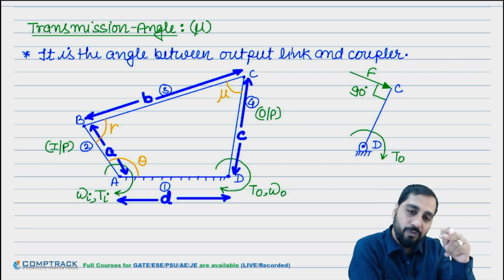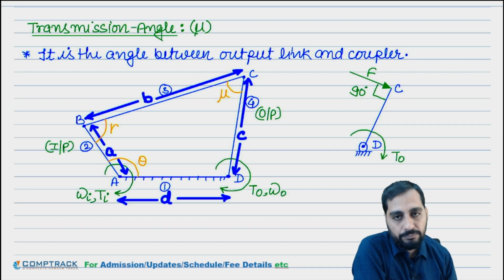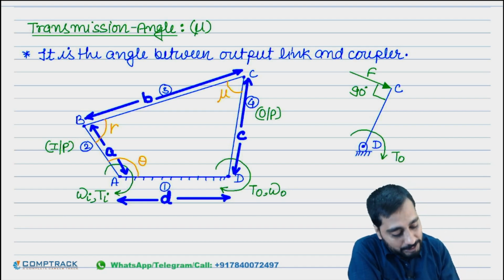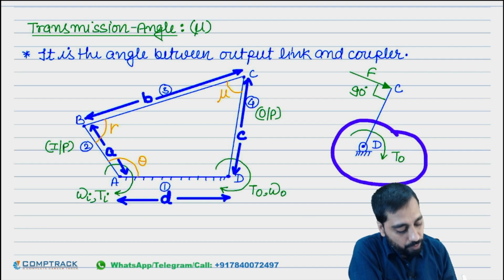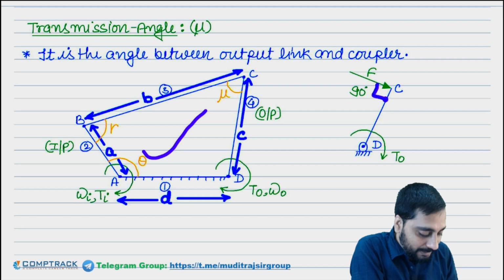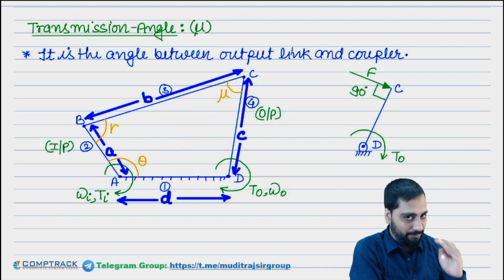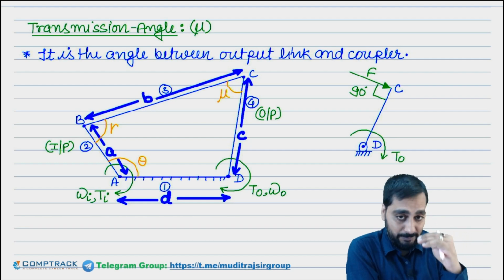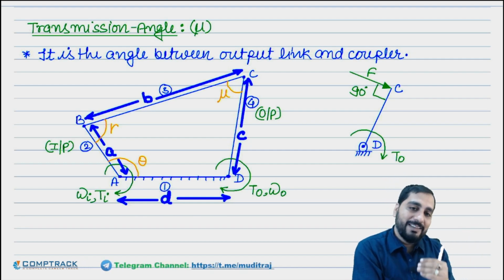Links will be continuously moving and the angle will be changing, the value of force will be changing, so the output torque will be changing. Our aim is to get the maximum output, so we design this mechanism in such a way that we keep this angle near 90. Sometimes it will go a little more than 90 and a little less than 90.